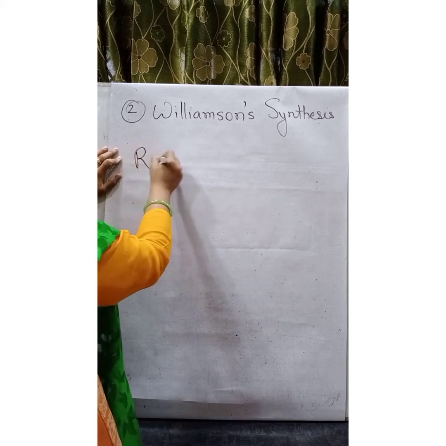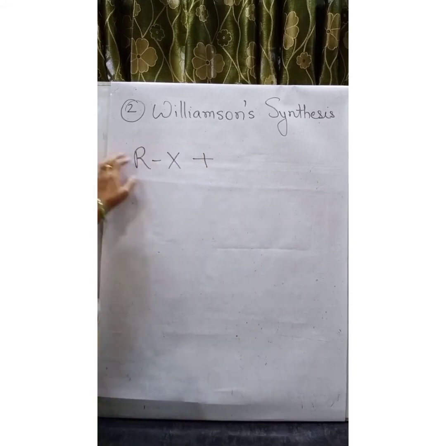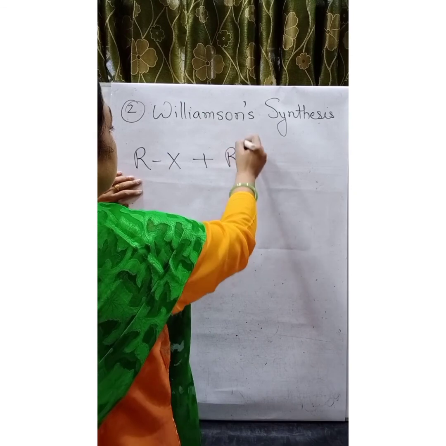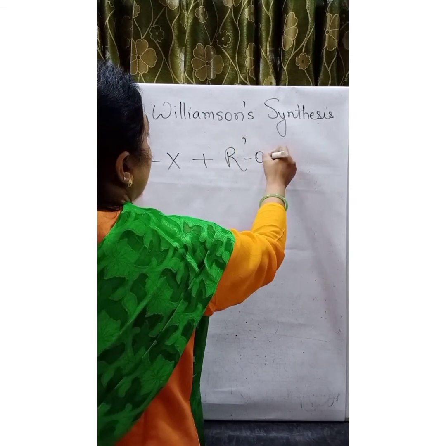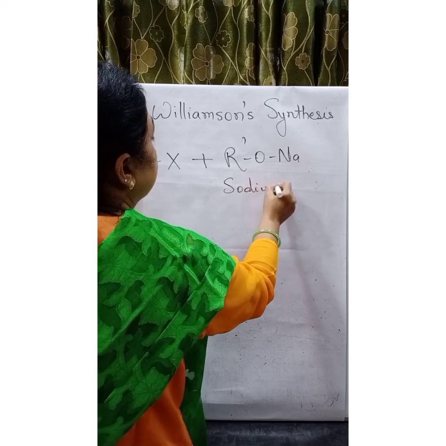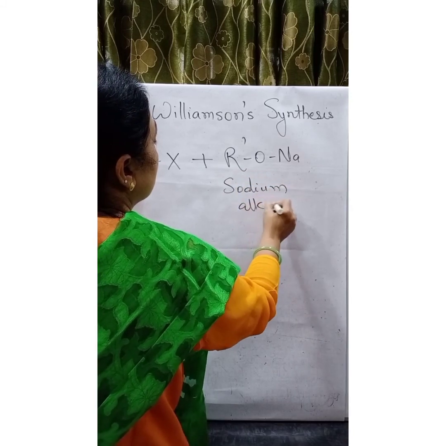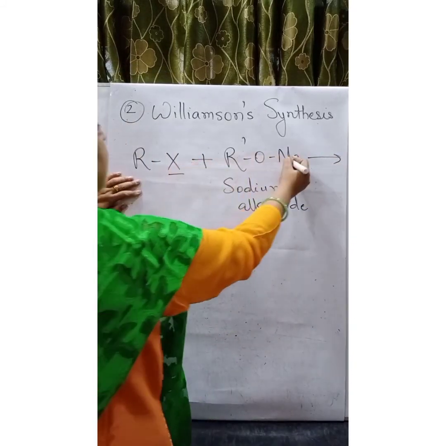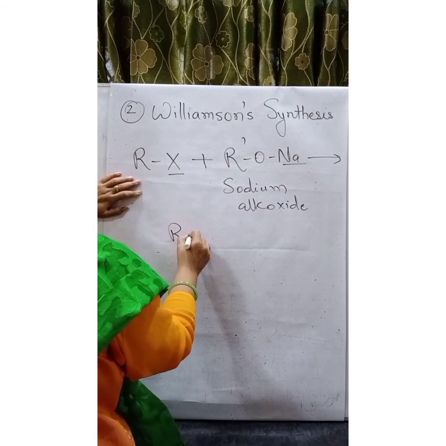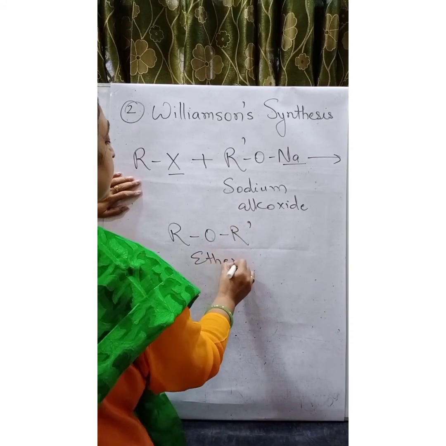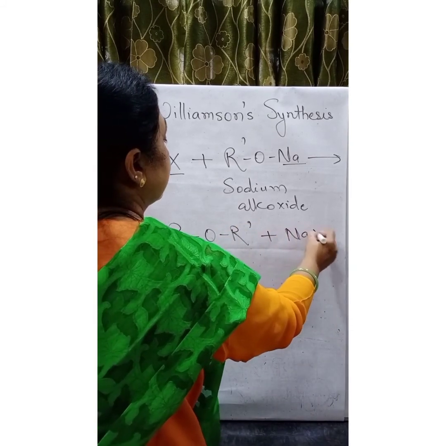So, RX, when treated with sodium salt of alcohol, this is sodium alkoxide, NaX goes, resulting in the formation of ether plus NaX.